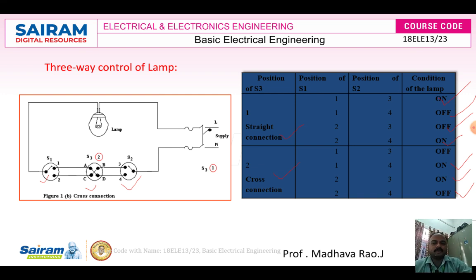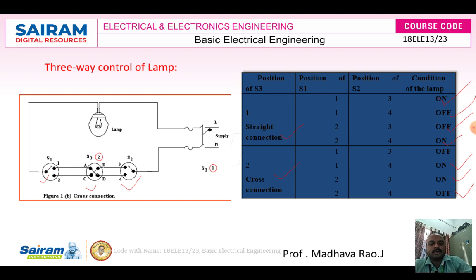This type of lamping system can be used for large cinema halls, large rooms, and especially assembly halls, porticos and cinema theaters. In assembly halls, which are very big halls, a person cannot go to one position every time to operate the lamp.